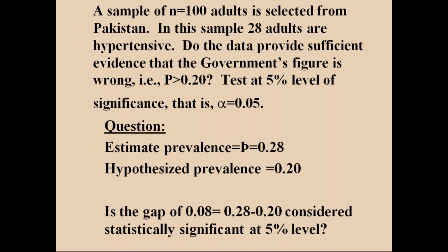Test at 5% level of significance, that is alpha equals 0.05. The estimated prevalence P is 0.28, the hypothesized prevalence is 0.20. Is the gap considered statistically significant at the 5% level? That is the question.